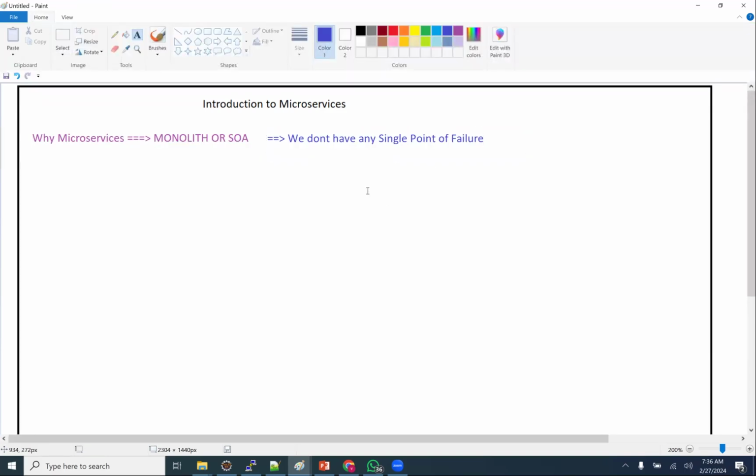First of all, what is a single point of failure? Let me take a minute or two, just for fun, guys. Our corporate hospitals are not using a microservices architecture. I go to the hospital, sir, I have a pain in my leg for the last 2-3 days, a severe pain where I cannot walk.